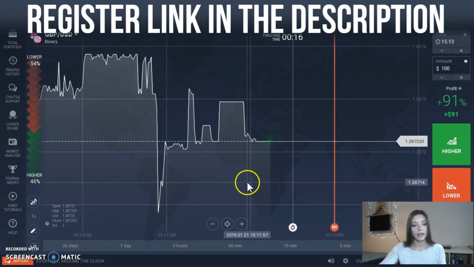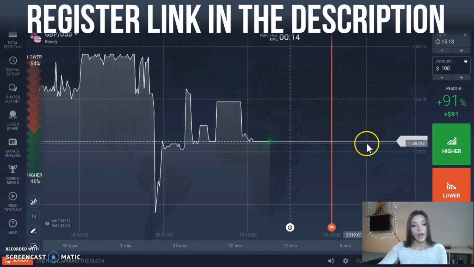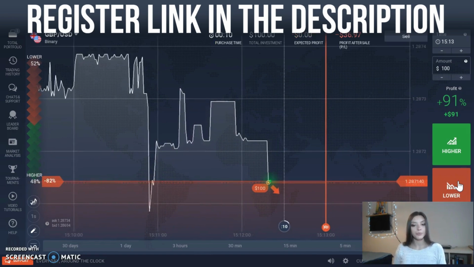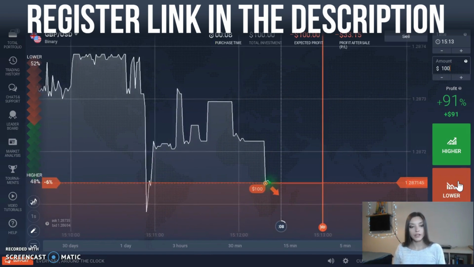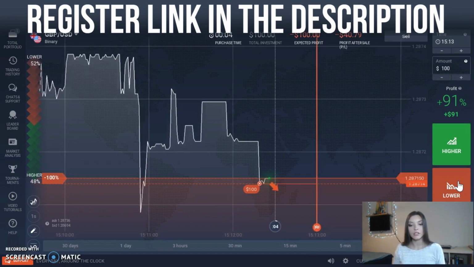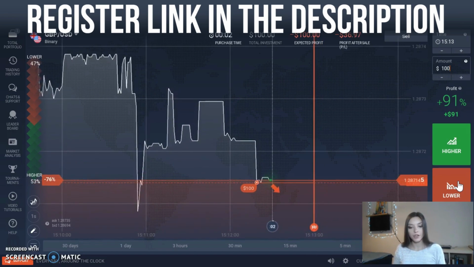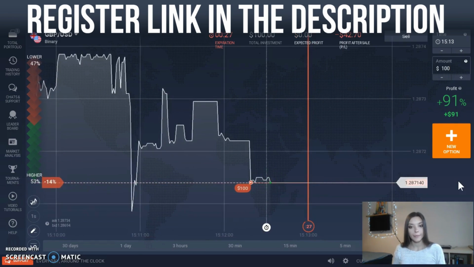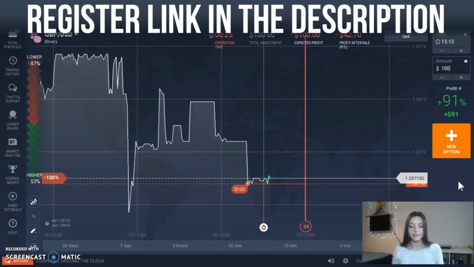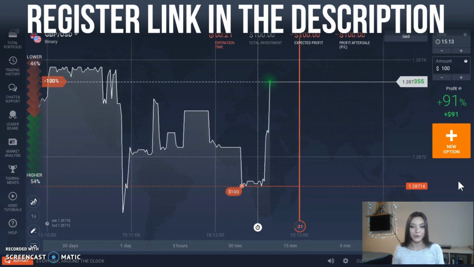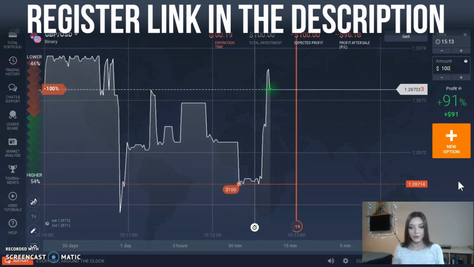Okay, lower. Here we go. $100. I've opened a lower position, a put position, and expiration time begins. Expiration time lasts 30 seconds, which is not so good for me.